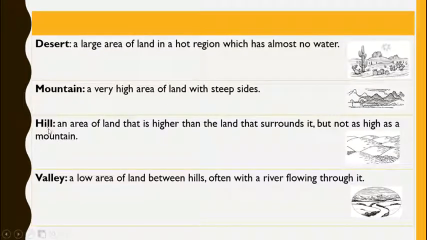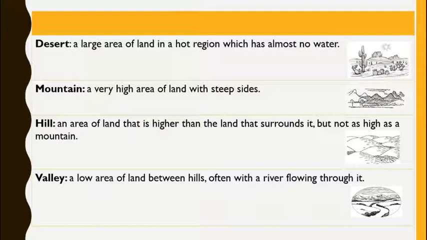Hill. Hill is an area of land that is higher than the land that surrounds it, but not as high as a mountain. So now we have two high lands. We have a very high land with steep sides. This is the mountain.